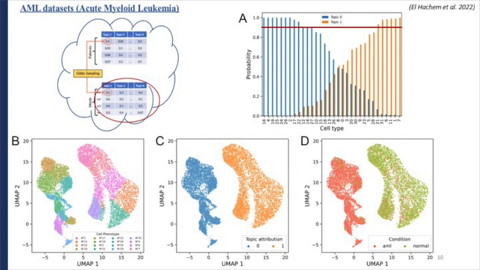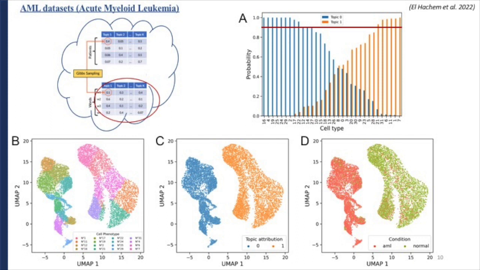And so when we set a threshold at 0.9 and select 1,000 cells of each phenotype from topic number 0 and topic number 1, we take the vector of fluorescence, apply a dimensional reduction and project it on a UMAP axis.